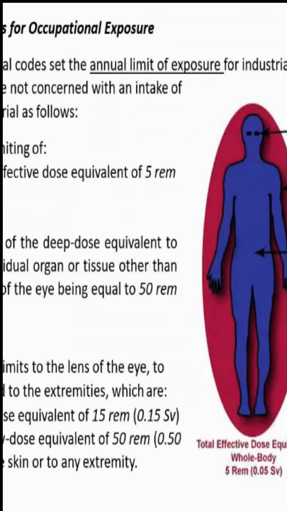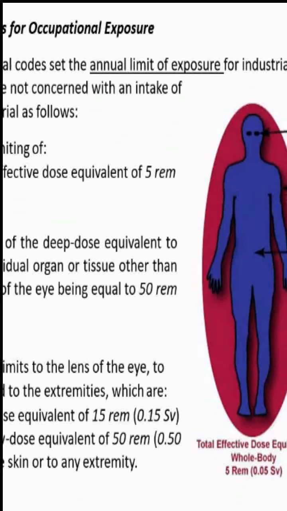Okay. The more limiting of the total effective dose equivalent, which is 5 rem, that is 0.05 sievert, or the sum of the deep dose equivalent to any individual organ or tissue other than the lens of the eye being equal to 50 rem. This is what deep dose means.